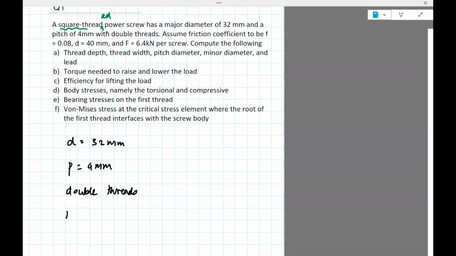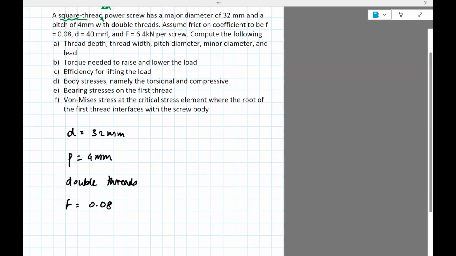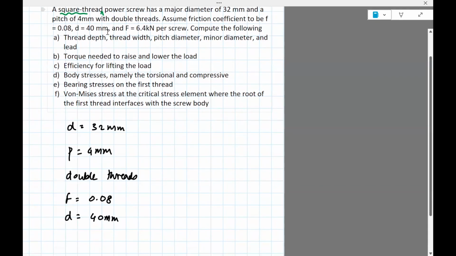Assume a friction coefficient of 0.08. T equals 40 mm. Think, what is D? Let's get to that in just a bit. 40 mm. F equals 6.4 kilonewton per screw.